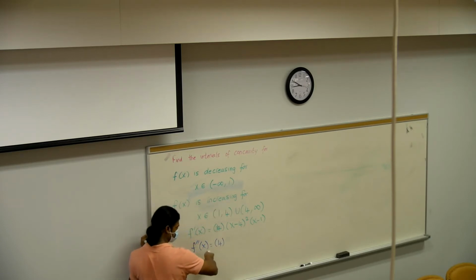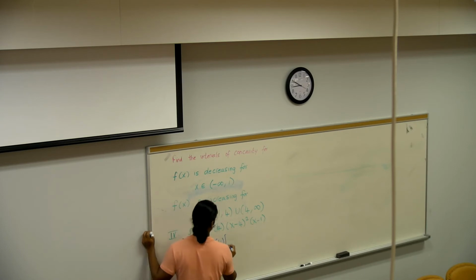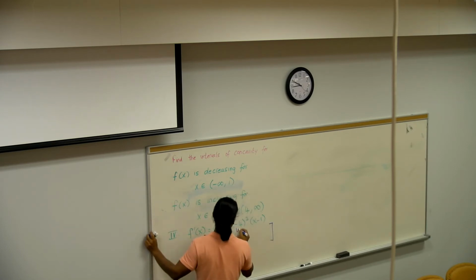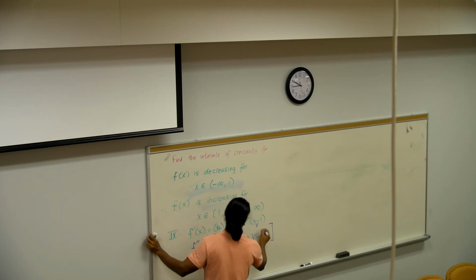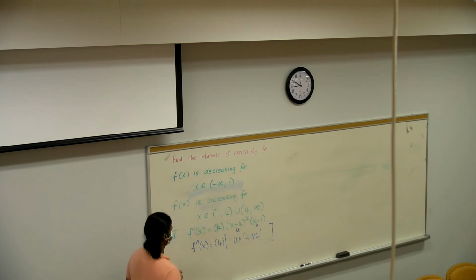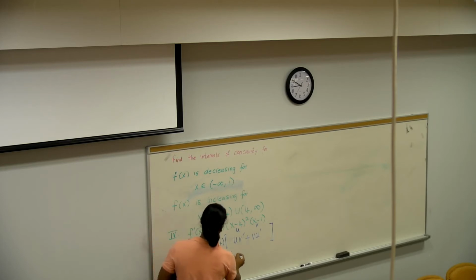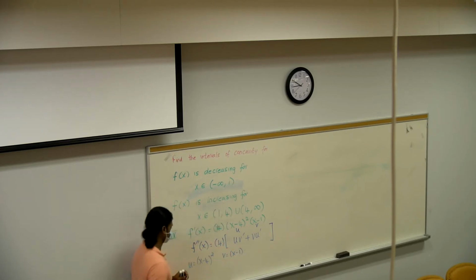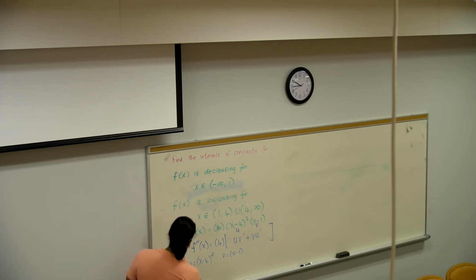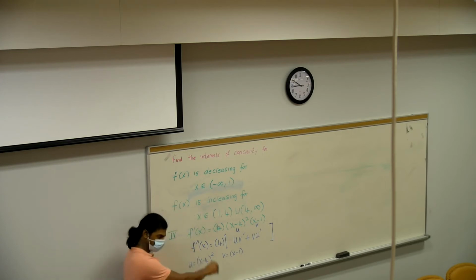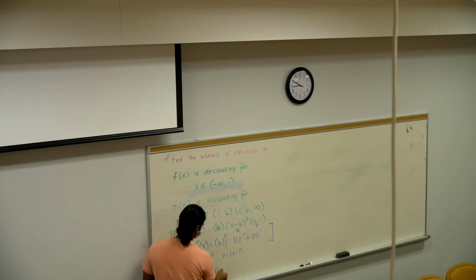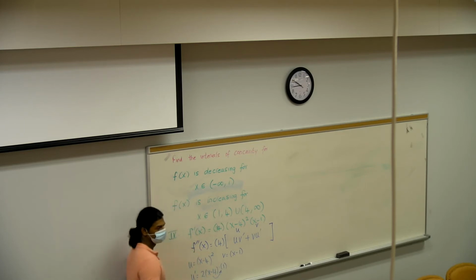I'll keep that 4 as is and take the derivative of whatever we have inside. So u v prime plus v u prime. U now is x minus 4 squared. V is x minus 1. What is u prime? U prime is 2 times x minus 4, multiplied by the derivative of whatever is inside, simply 1. Chain rule.